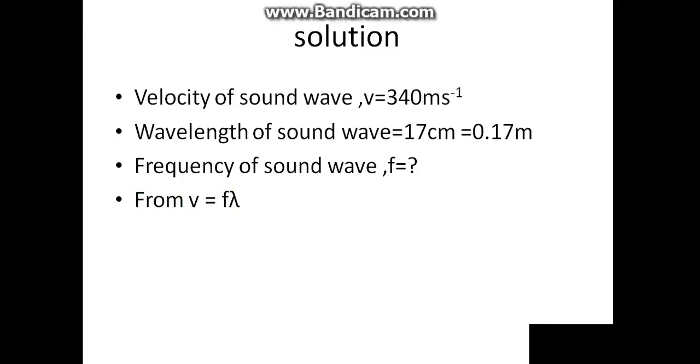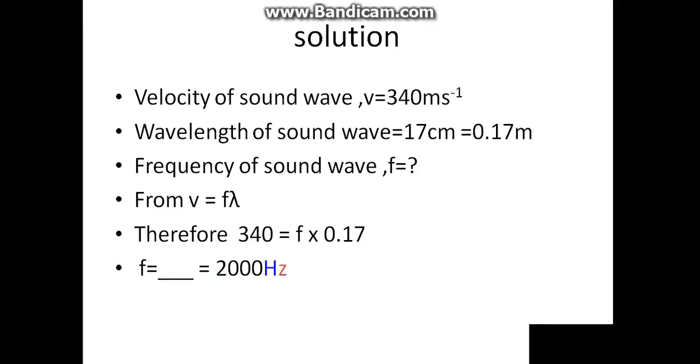From V equals F lambda, substituting the values, we have 340 is equal to F, which is unknown, times 0.17 for the lambda. Making frequency F the subject of the formula, we have F equals 340 over 0.17, which gives us 2000 Hz.